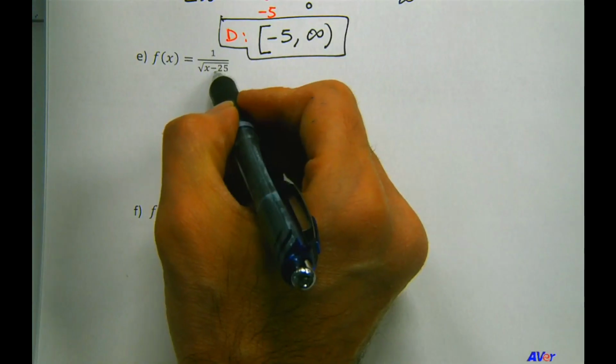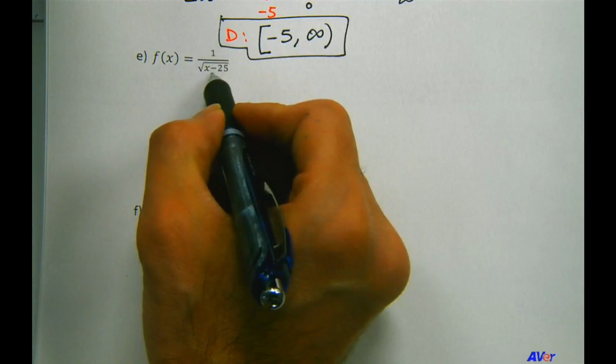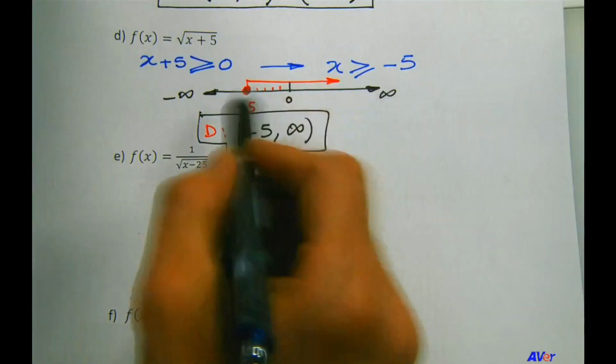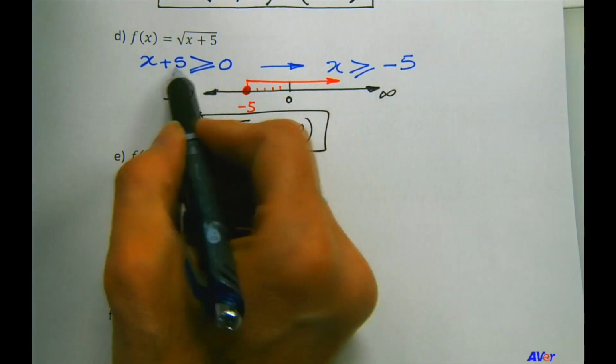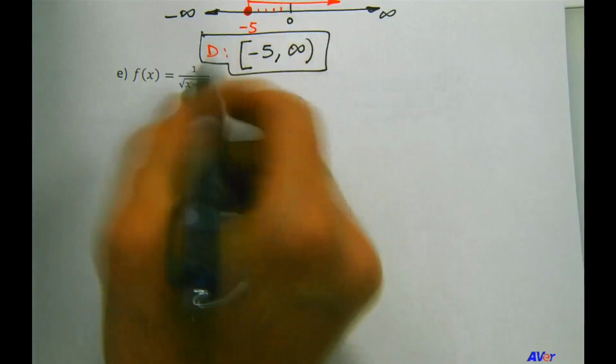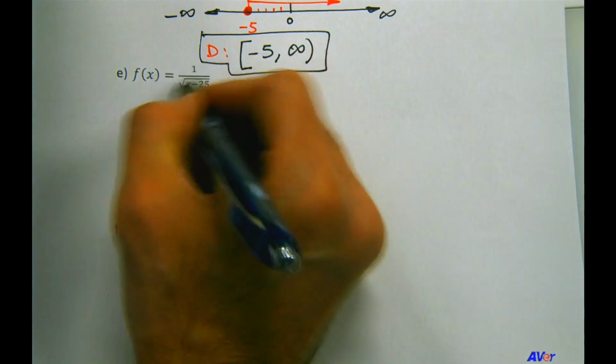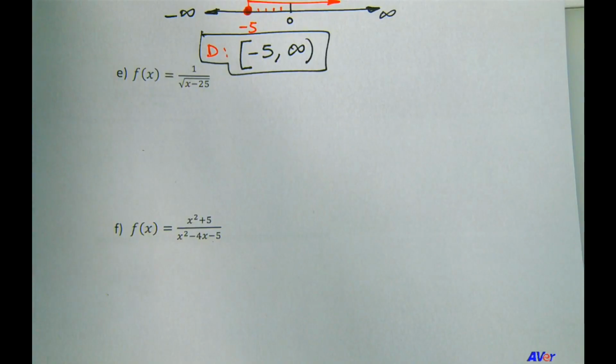But here, the square root appears in the denominator of a function. So not only can the inside not be negative, but in addition to this condition, x minus 25 cannot be 0, because if it is, it will make the denominator 0 and the whole function undefined. So we have two restrictions mixed together here.